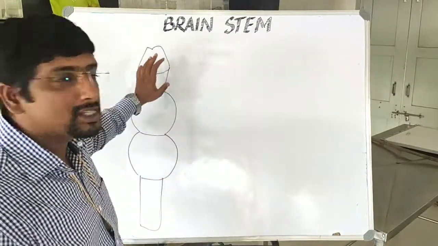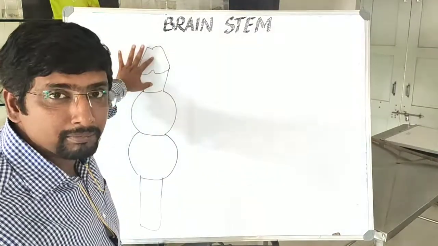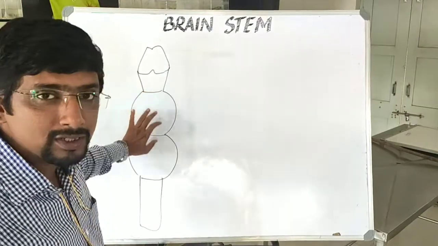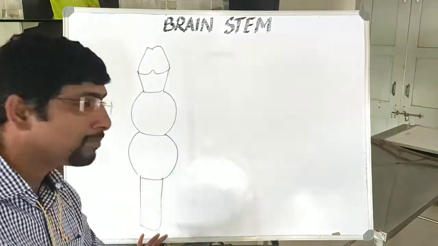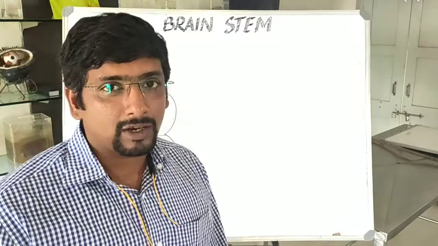This much part is the midbrain. This is the pons, and the medulla oblongata. Below there is the spinal cord.